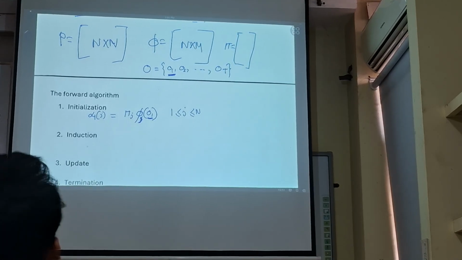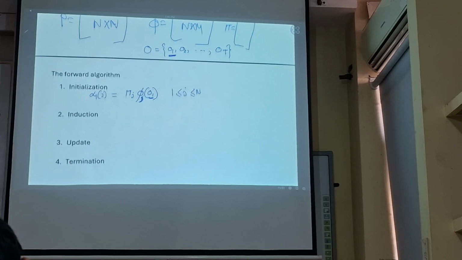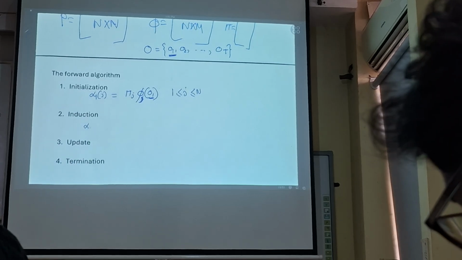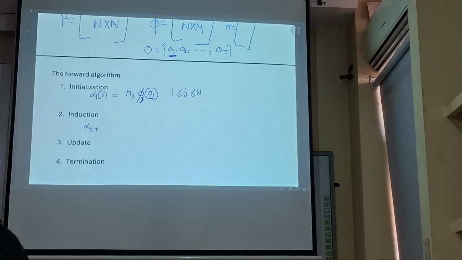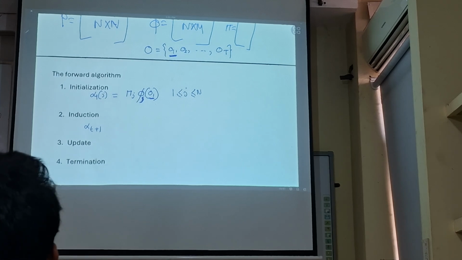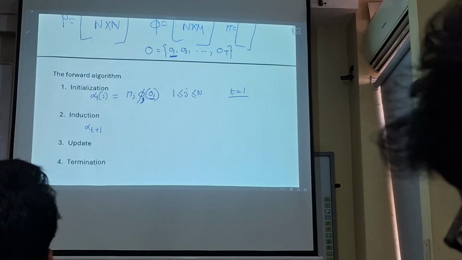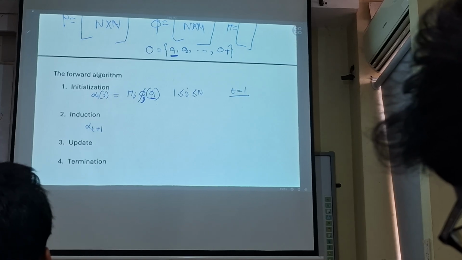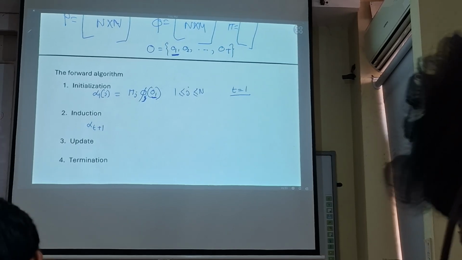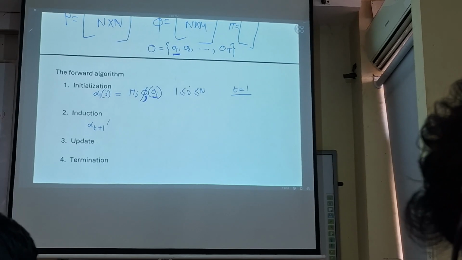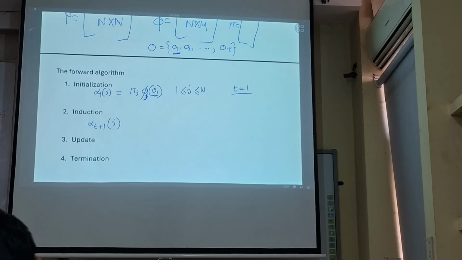The induction step says that you need to calculate it for t plus 1 steps. So you need to set the value t equal to 1. If t is equal to 1, then t plus 1 is what? 2. Then you need to set it for each of these states, let's say j.